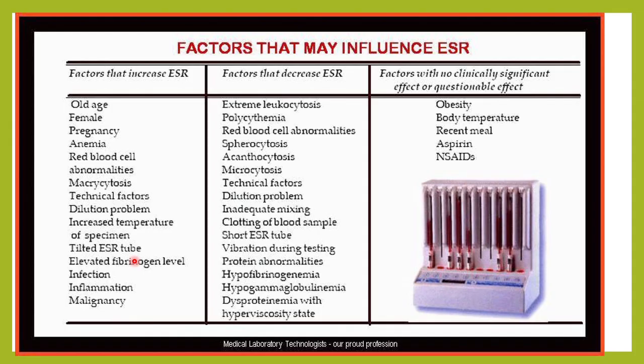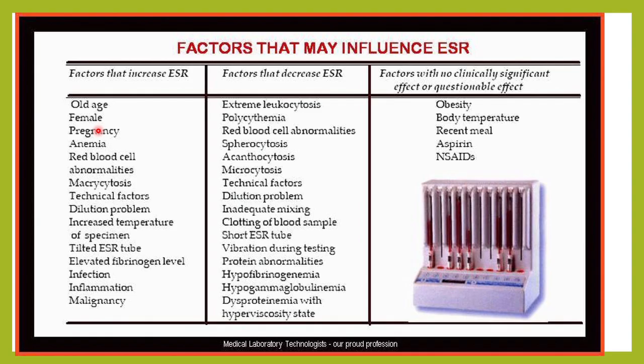Okay. So there are many factors which can increase or decrease the ESR. This is important because to know what are the causes of increased ESR, these are the factors which play a role. So like I've told you, in old age, when the person becomes more than 50, there is a natural increase in ESR. In pregnancy, because of the hormones, because of the changed hemodynamics, the ESR tends to be high.